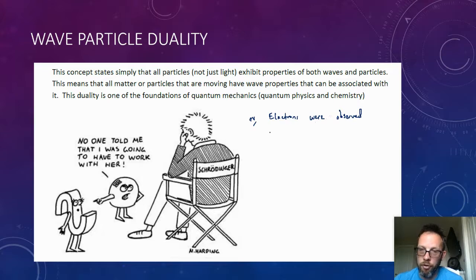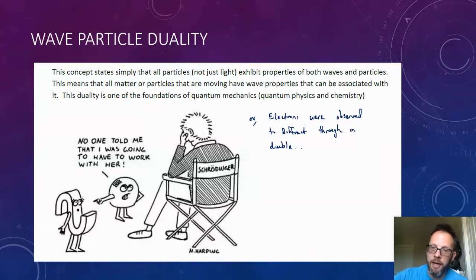Electrons were observed to diffract through a double slit. That was pretty fascinating at the time. We've already established that Young's double slit experiment showed us that light diffracts, and we could predict what those patterns look like. But if we did it by firing an electron beam, actual physical particles and not light, you got a diffraction grating pattern for electrons as well. So the electrons were being deflected or diffracted when they were shone through a double slit.